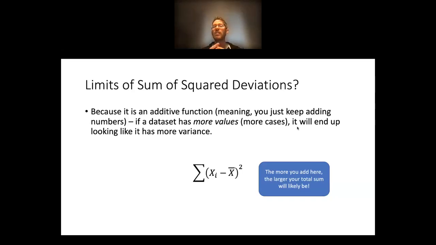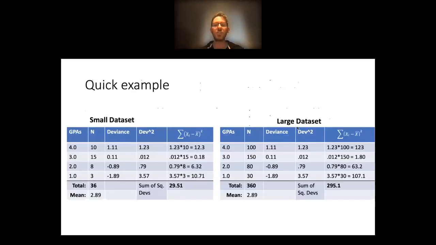It will look like there are more cases farther away from the mean than if you had a smaller data set. Here is a quick example. On the left is a small data set that is only 36 cases, and on the right is a large data set that has 360 cases.